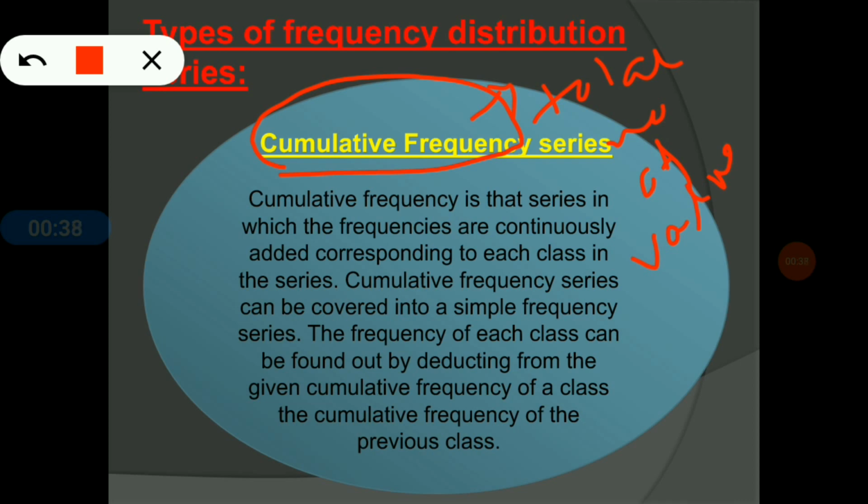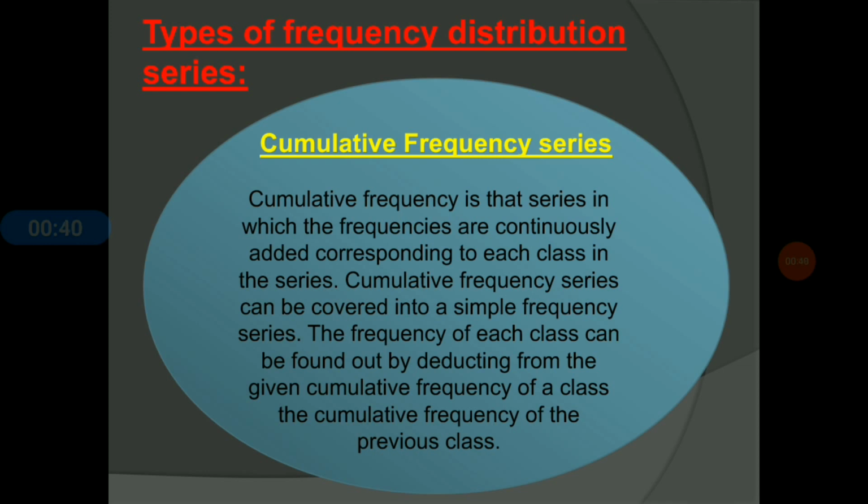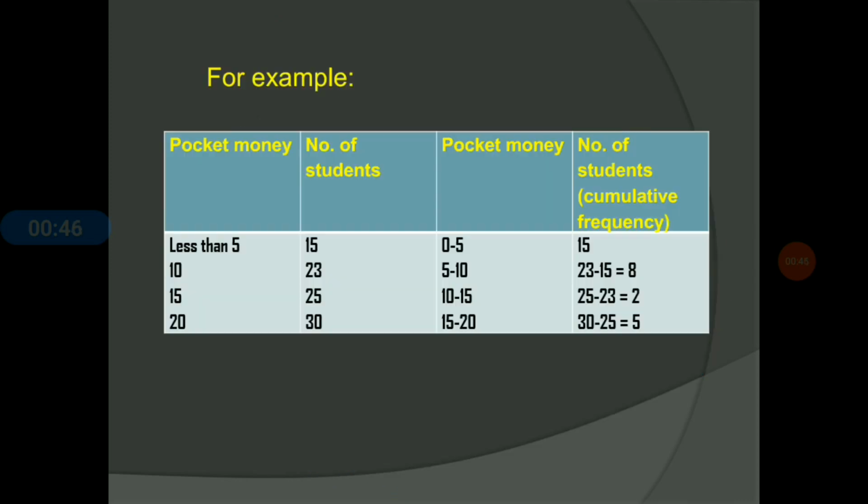So now going to the next slide, because there is no space for creating a table of a simple frequency series. Here we can create a table of a simple frequency series.